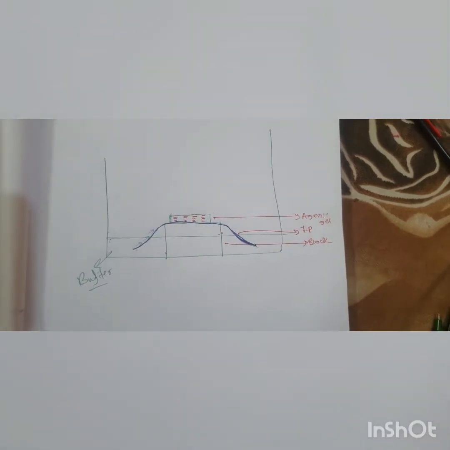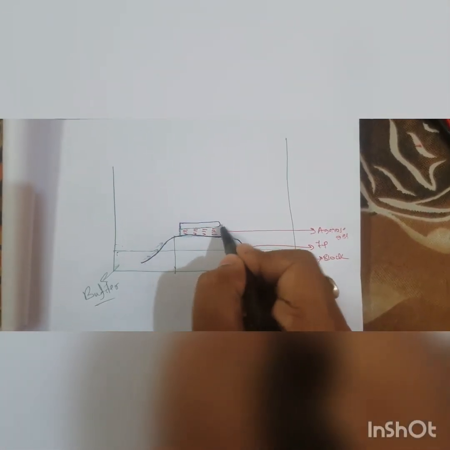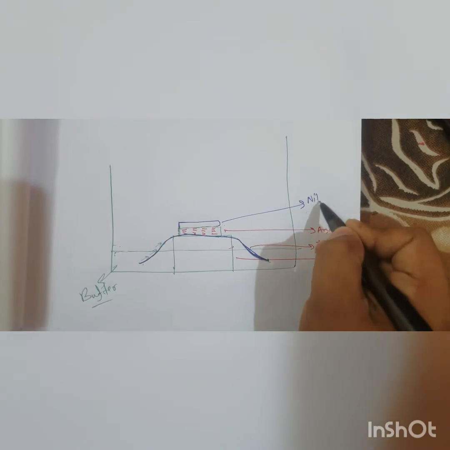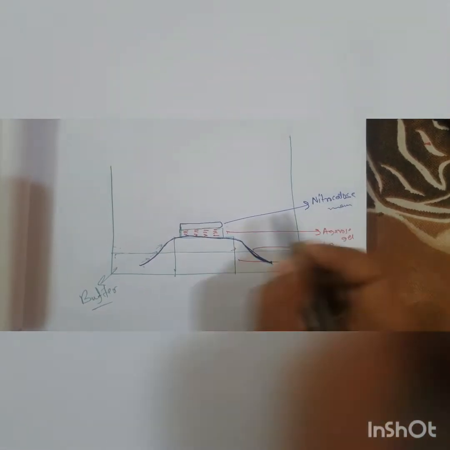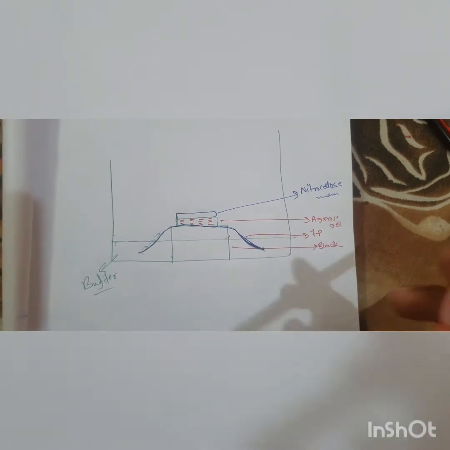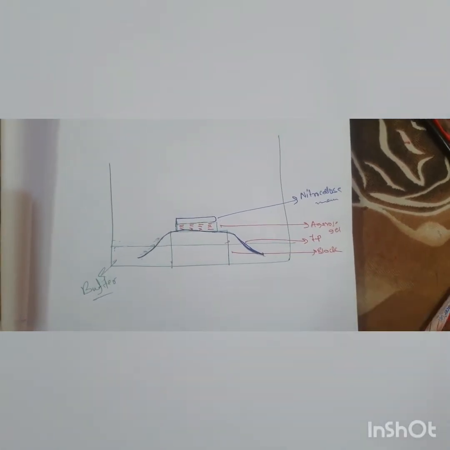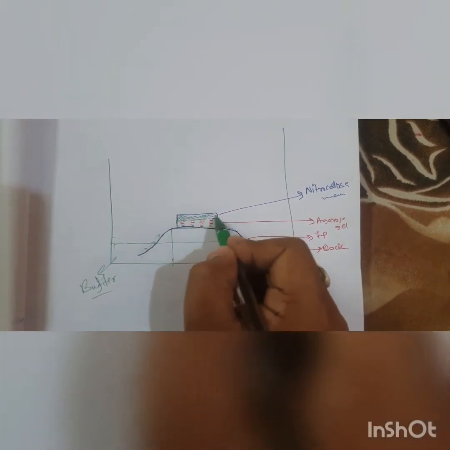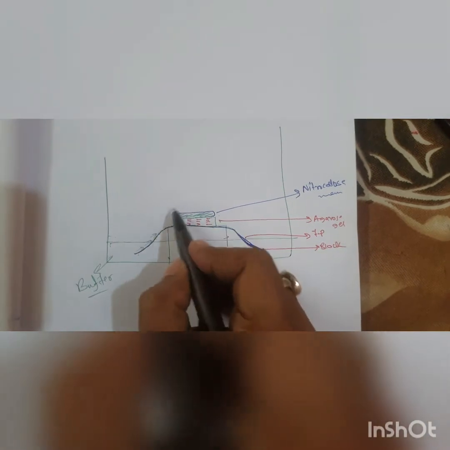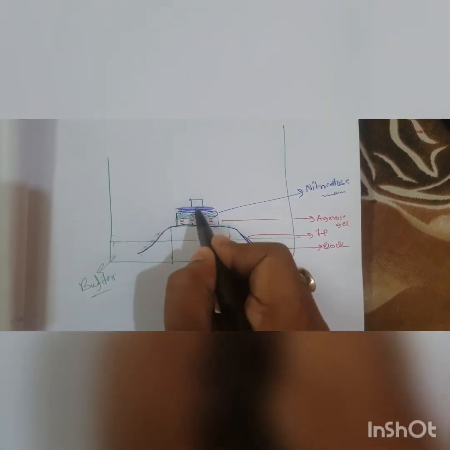Now over it you will put a nitrocellulose membrane, and over it you will put some filter papers again, and over it put some weight just to keep it intact.